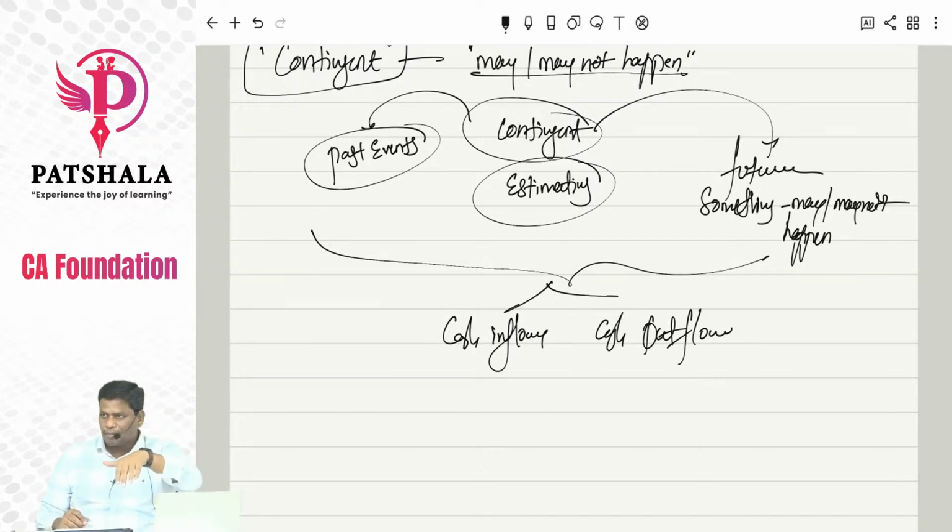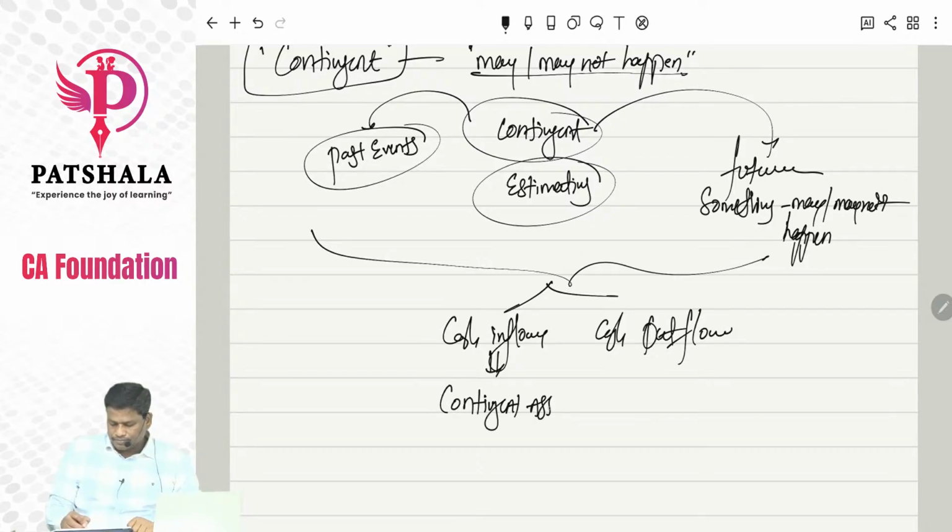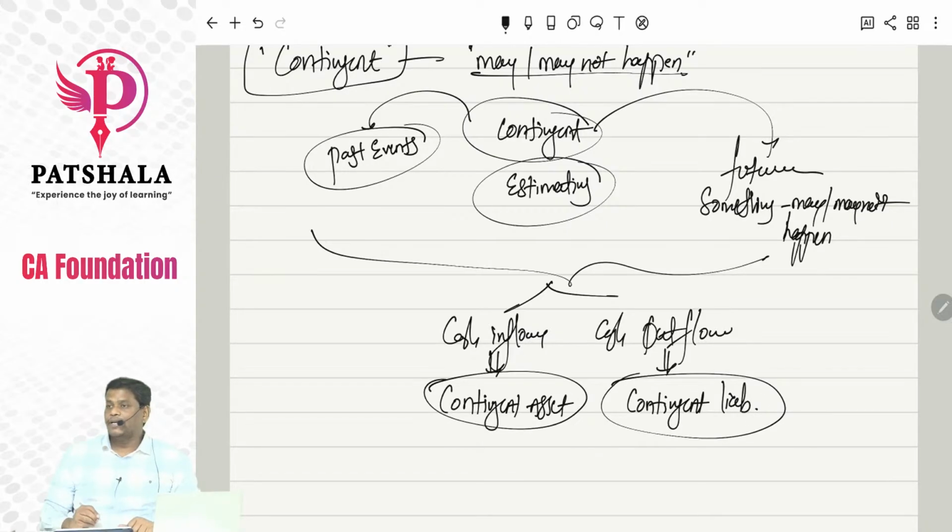If that happens and money will go out, that is cash outflow. If cash inflow arises, that is called contingent asset. If cash outflow arises, that is called contingent liability. So two things can happen: contingent asset or contingent liability.